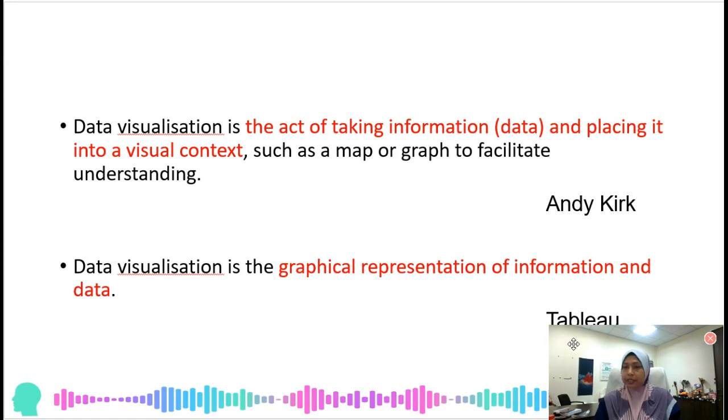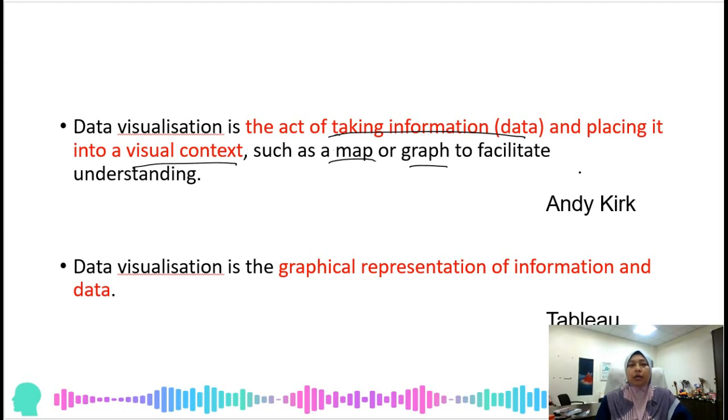So what is data visualization? Based on Andy Kirk, data visualization is the act of taking information or data and placing it into a visual context such as maps or graphs to facilitate understanding, untuk memudahkan kefahaman.